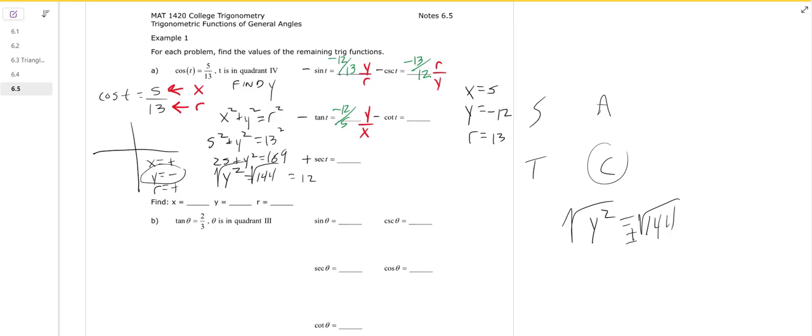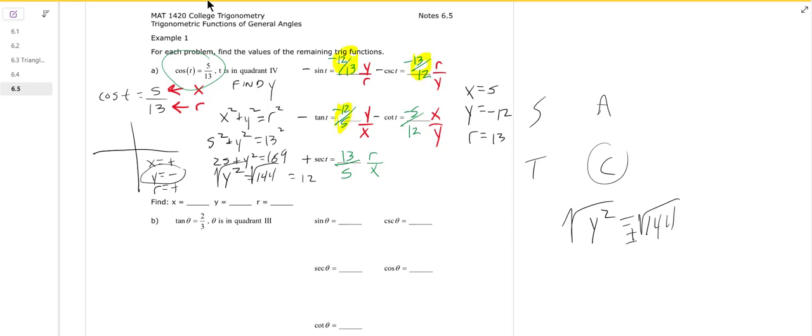The cotangent is the reciprocal, x over y, so that will give negative 5 over 12. Okay, and then the secant is r over x, or you could just do the reciprocal of 5/13, so you get 13 over 5. Okay, so that's how you need to do that.